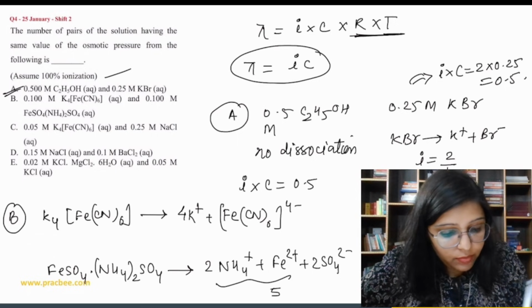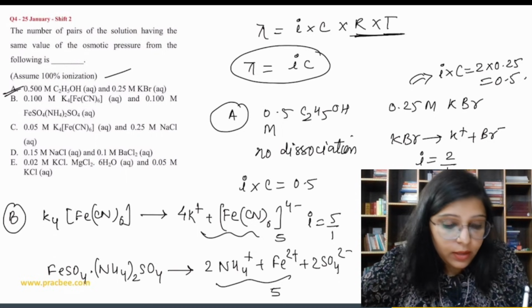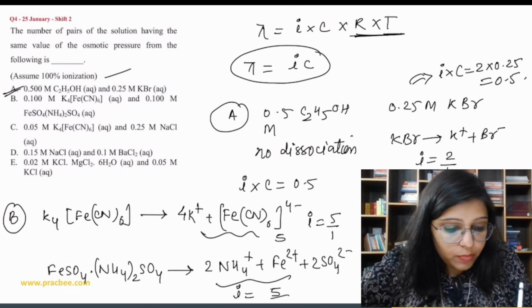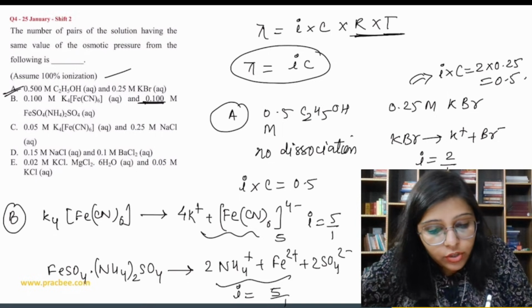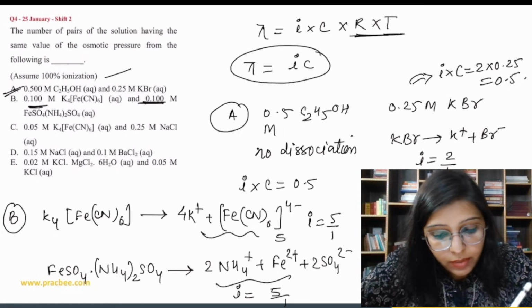So total 5 ions here and total 5 here. So the i value here is 5 upon 1 and here the i value is also 5 upon 1. The concentrations are the same, 0.1 and 0.1. So the concentrations are the same. So what can we do?